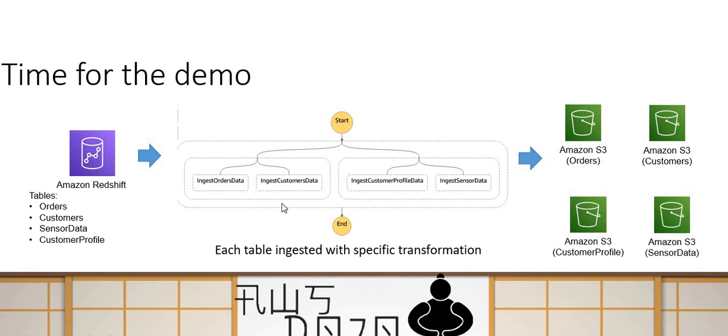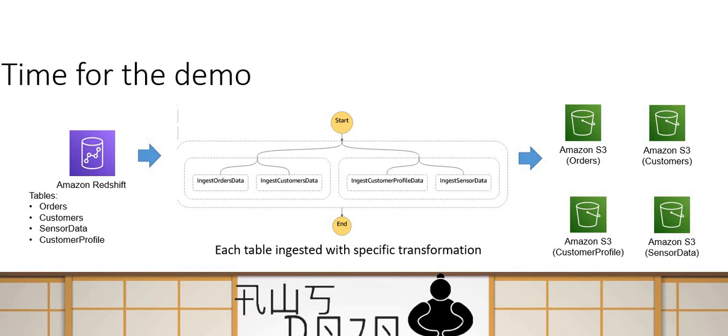I'm creating a single pipeline using a single job, which is going to ingest the data of these 4 tables in parallel to 4 different S3 bucket locations. But I have 4 different transformation codes which I'm going to dynamically associate with each of these job instances, so that each of these tables gets its specific transformation done.